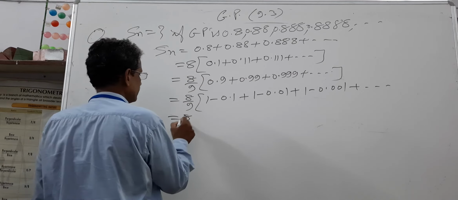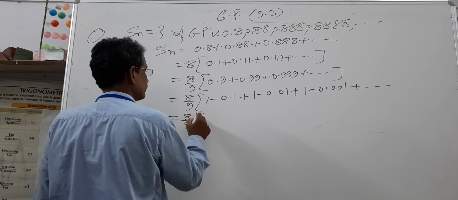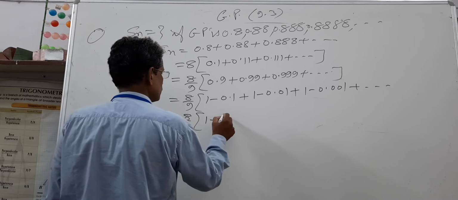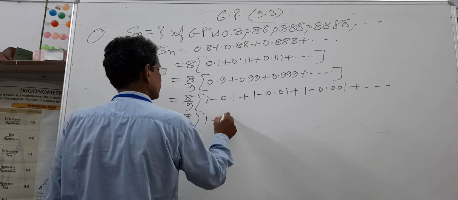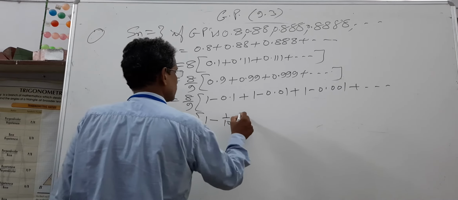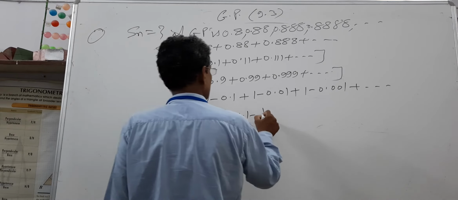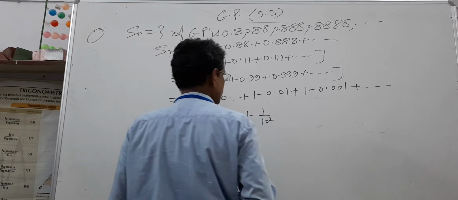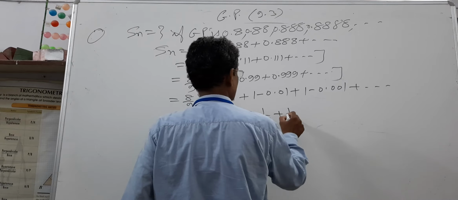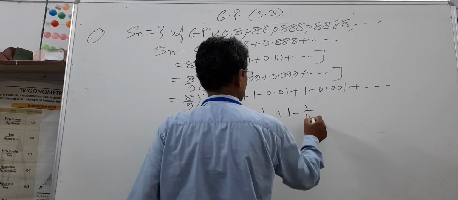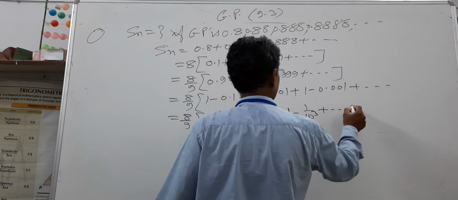This can be written as 8 by 9 into [(1 minus 1 by 10) plus (1 minus 1 by 10 square) plus (1 minus 1 by 10 cube) and so on].